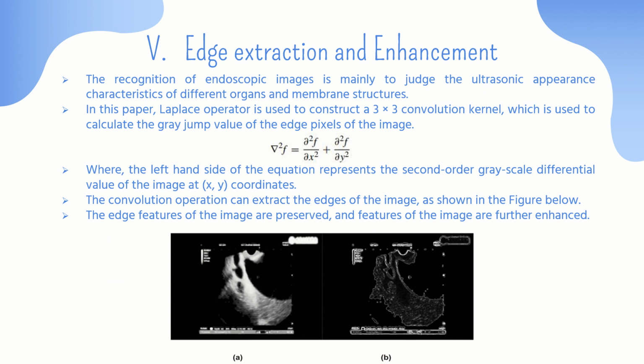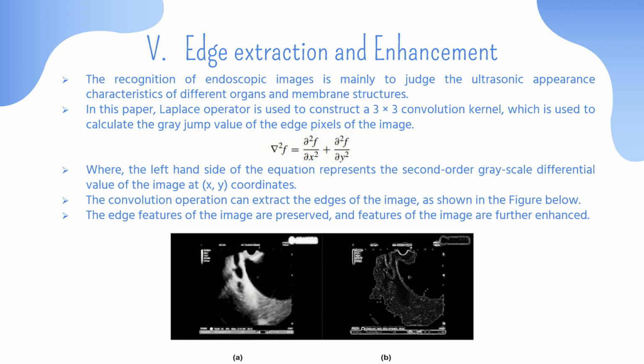Coming to the next, edge extraction and enhancement algorithm. The recognition of endoscopic images is mainly to judge the ultrasonic appearance characteristics of different organs and membrane structures. The main high frequency information is the changes in the pixel gray levels at the edges and the contours.